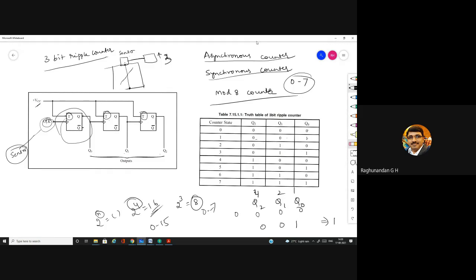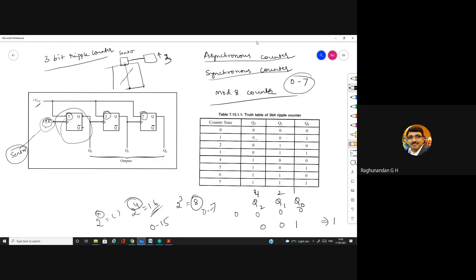Based upon that output, these values are also going to change. When this value changes, only after that the next value is going to change. 0, 1, 0 indicates 2. 0, 1, 1 indicates 3. 4 means 1, 0, 0. Like that, we get the values whenever a clock pulse is given.